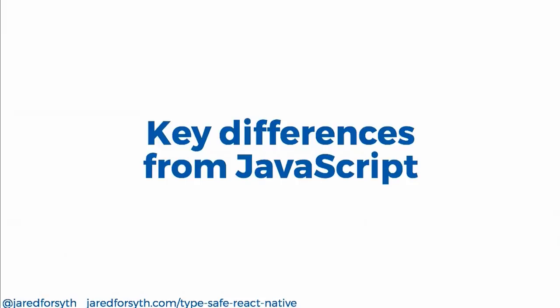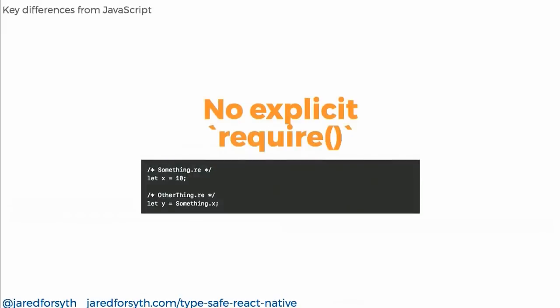The first thing that stood out to me was there's no explicit require. There's no import statement. All of the modules, all of the files that you define in your project are available to other files. This will not be foreign to you if you're using Java or if you're familiar with Swift. But from JavaScript, it feels weird. It's like, oh, I don't have explicit imports at the top.